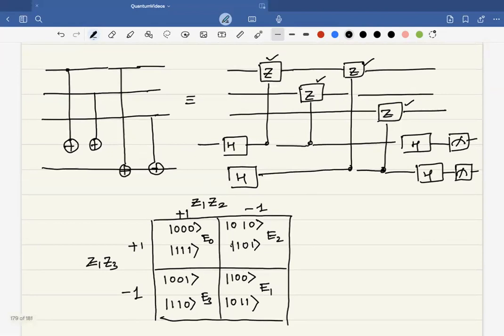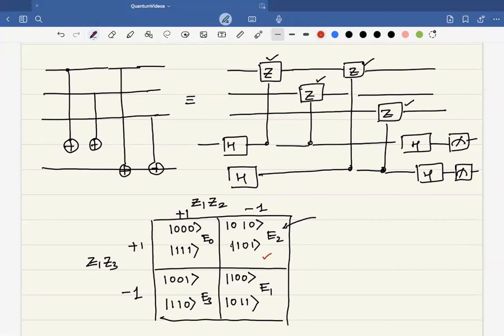So for instance, if I get an error on the second qubit, which means I'm in this E2 space, then the parity of the Z1, Z3 operator will be +1 and the Z1, Z2 operator will be -1. So that will uniquely determine that we are in this subspace.